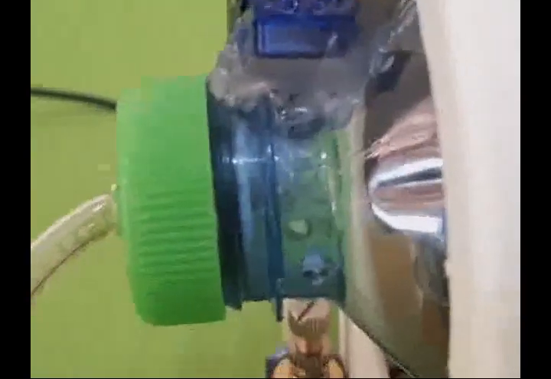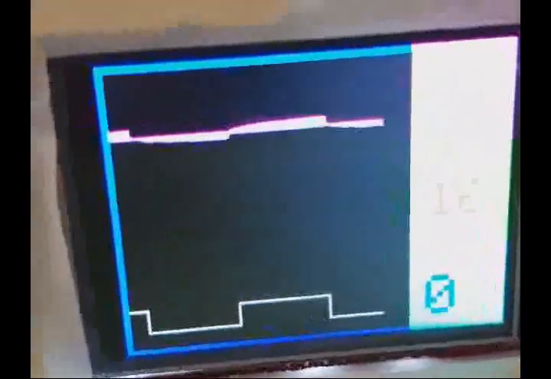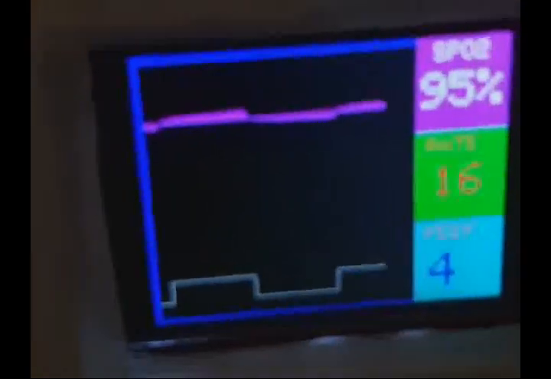You can see a valve opening and closing here. This valve will open and close as per your PEEP level, because I have the PEEP level 0 and 4 here. At 0 he will close it, and at 4 he will open it. This is 4 cm H2O. At this level he will open the valve.